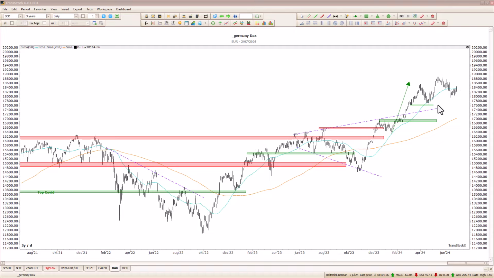If not, the 17,600 and the 17,000 zones are the next support level. We also see the 200 days moving average around the same level as this. So we have a cluster of two different technical analyses. So 17,000 is a really important zone.